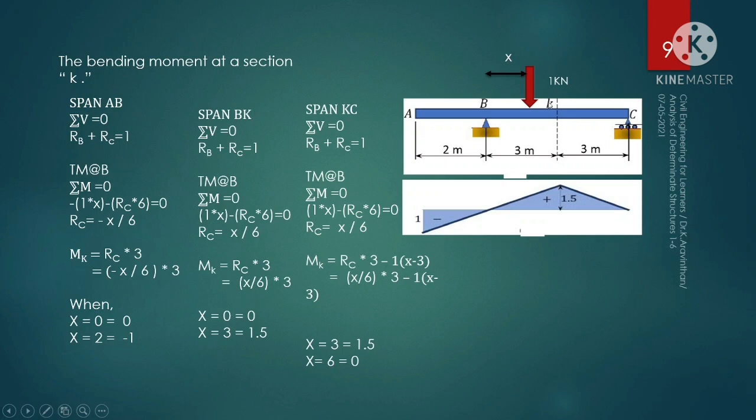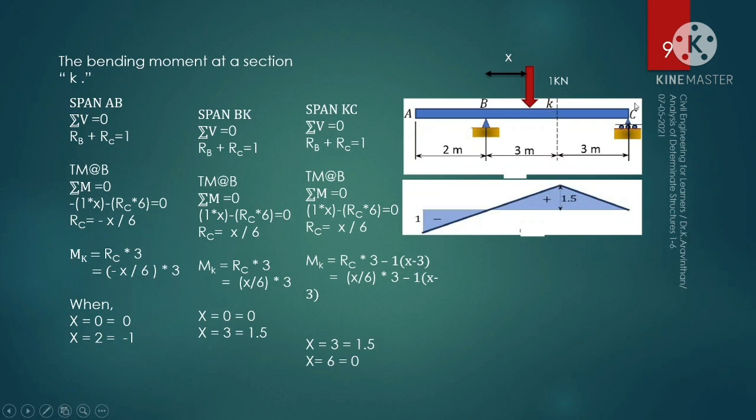I will be substituting the limit as 0 and 3. So BK is at the limit of 0 and K is at the limit of 3. If I substitute 0, I will be getting 0 by 6 will be 0, and 3 by 6 will be 0.5. 0.5 into 3 will be 1.5.